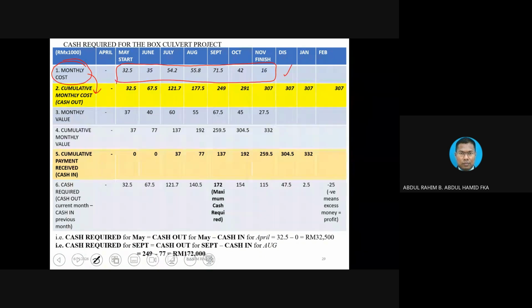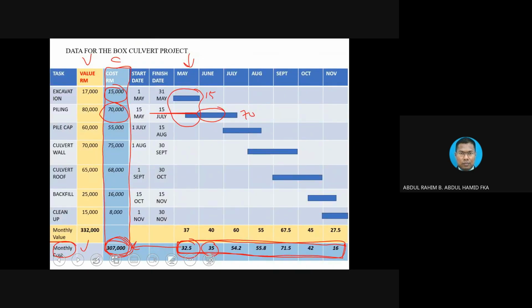So how do I convert? I put 32.5 at the end of this column on the right-hand side. And then 32.5 plus 35 is equivalent to here. And you notice at the end of November, where we finish the project, this is the amount. And 307 is the same amount that we have been calculating before.